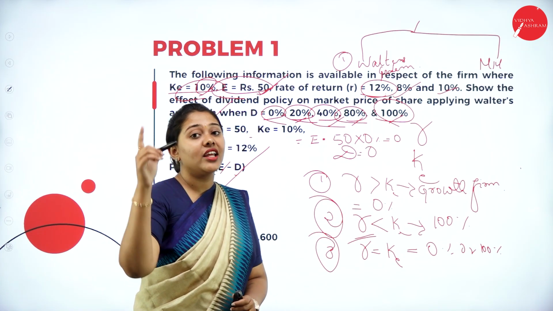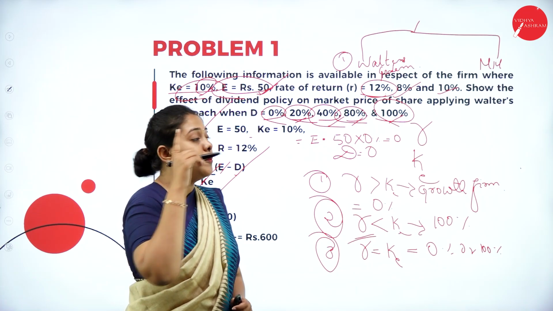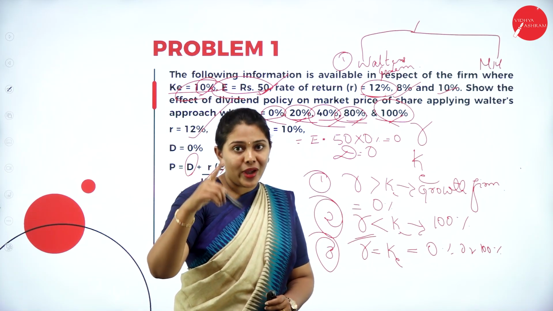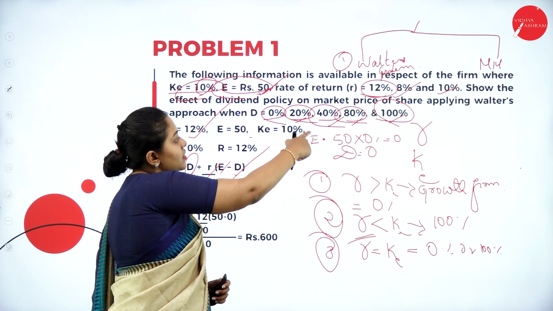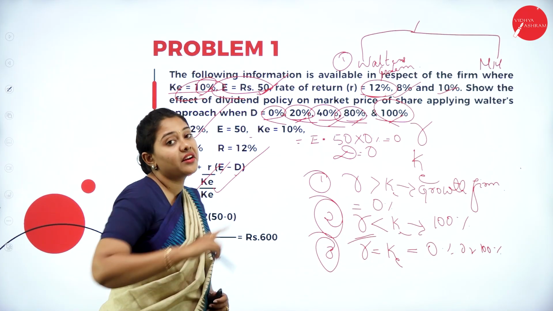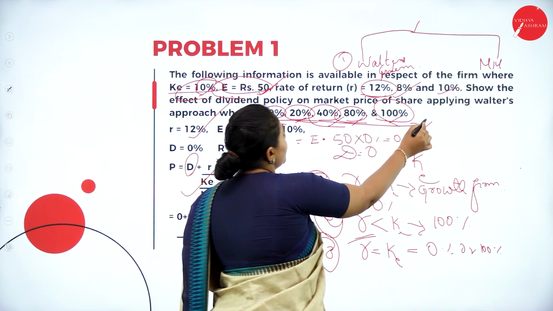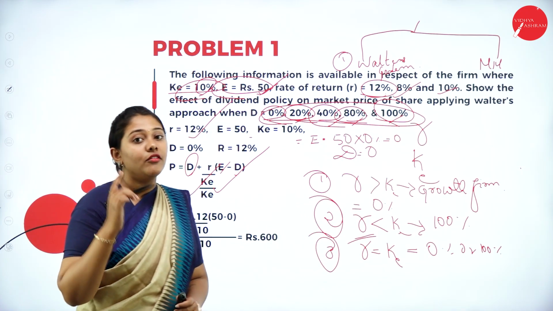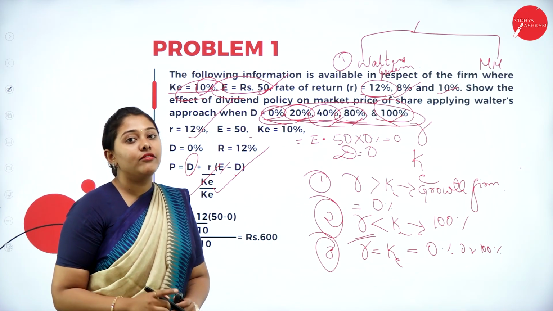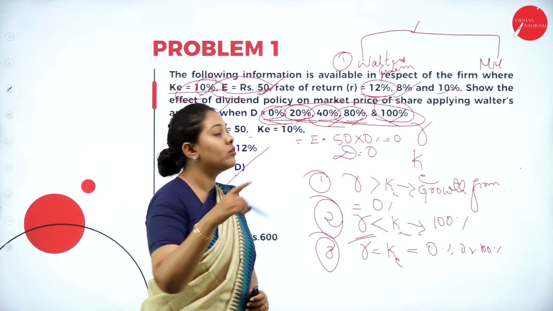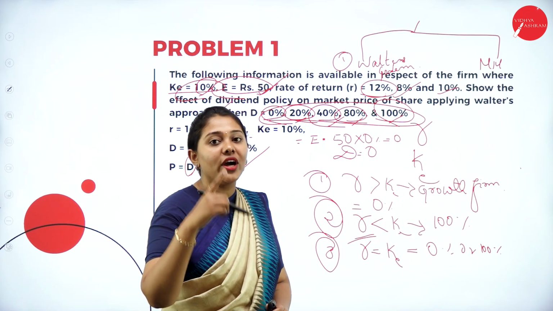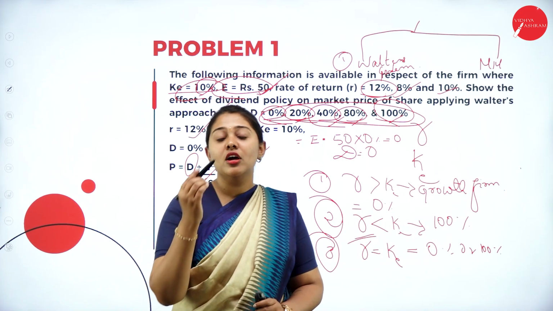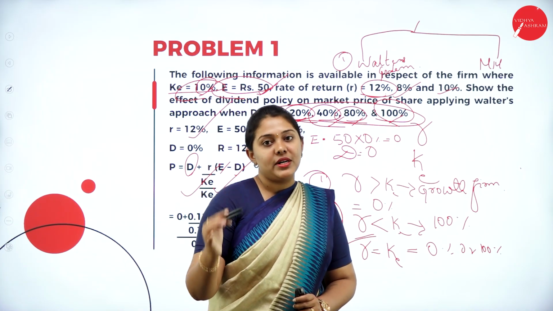We are calculating for the first case, when the rate of return is 12%, for all five dividend percentages.